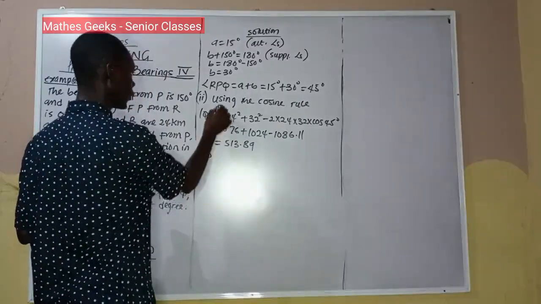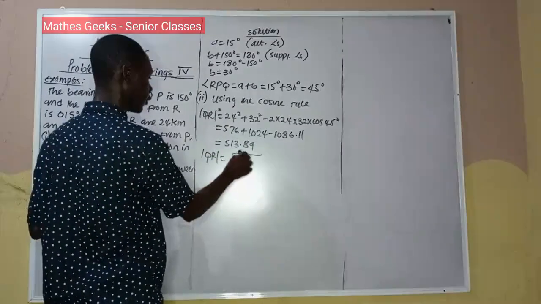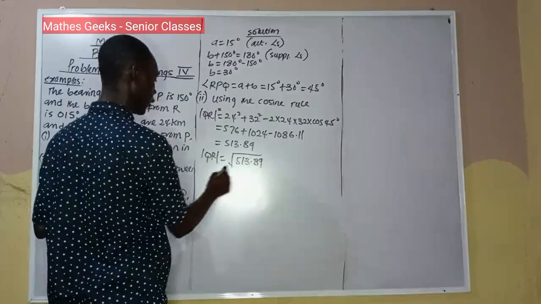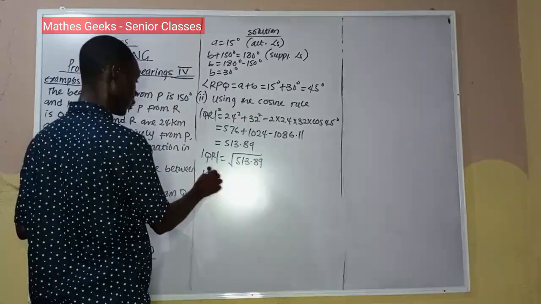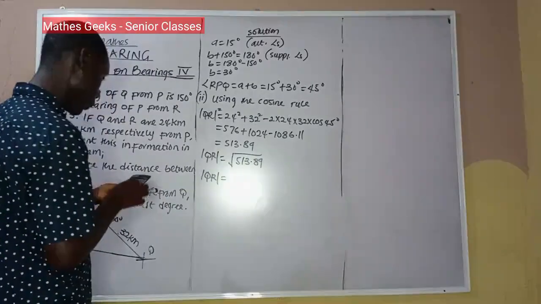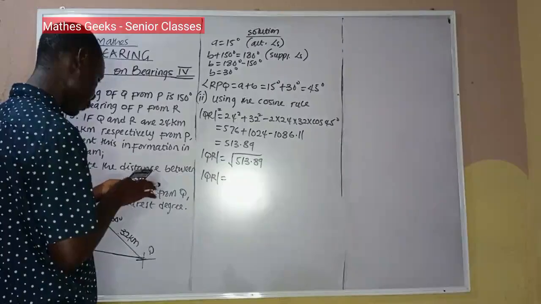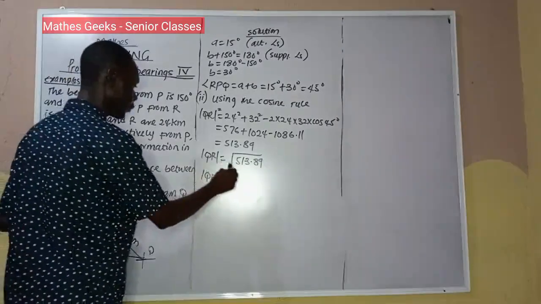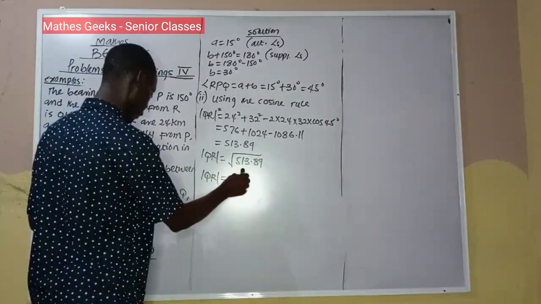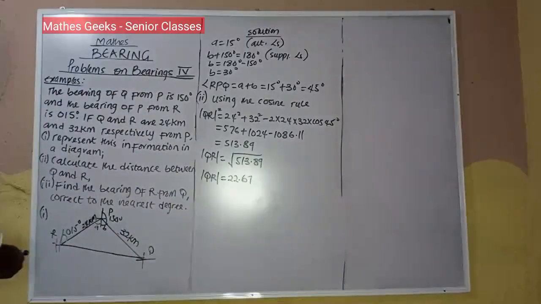Line QR is equal to the square root of 513.89, so this will give us 22.67.